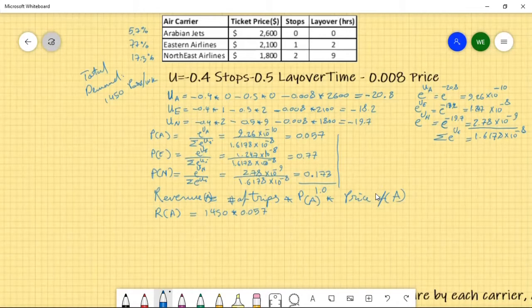Okay, multiply the ticket price, which is how much? 2600.